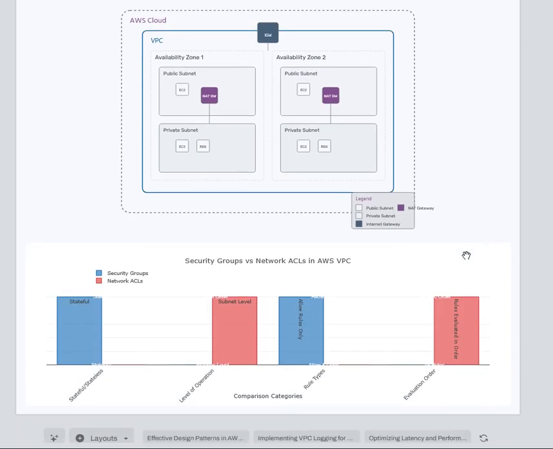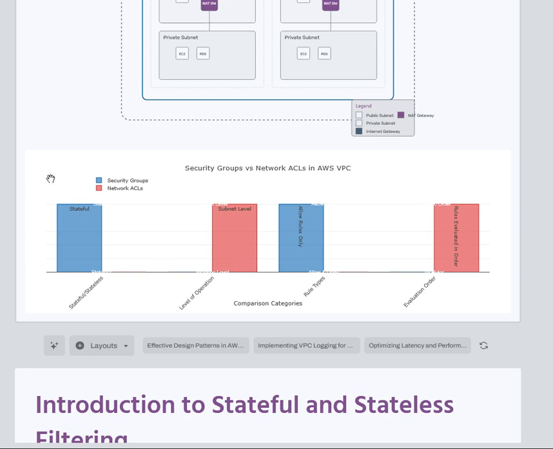The other important aspect is security groups and network access control lists in AWS VPCs, right? We're going to talk about security groups and network ACLs.